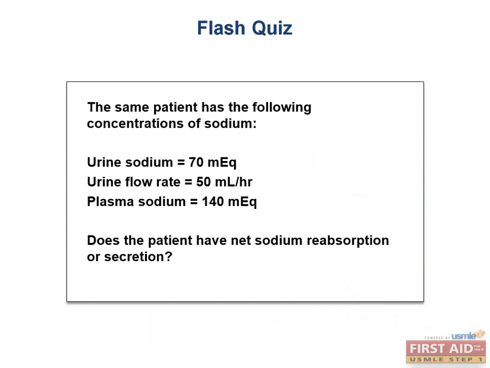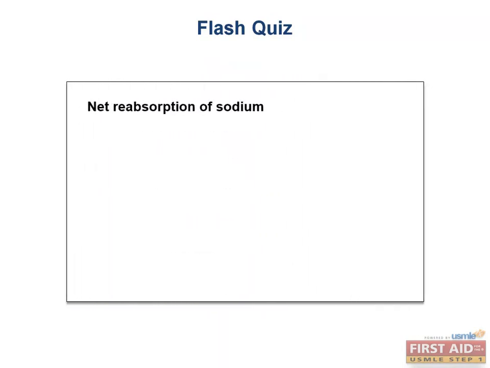Let's try another question. If the same patient in the previous question has the following concentrations for sodium, urine sodium equals 70 milliequivalents, urine flow rate equals 50 mils per hour, and plasma sodium equals 140 milliequivalents, does the patient have net sodium reabsorption or secretion? The answer is net reabsorption of sodium. So let's work out how we got that.